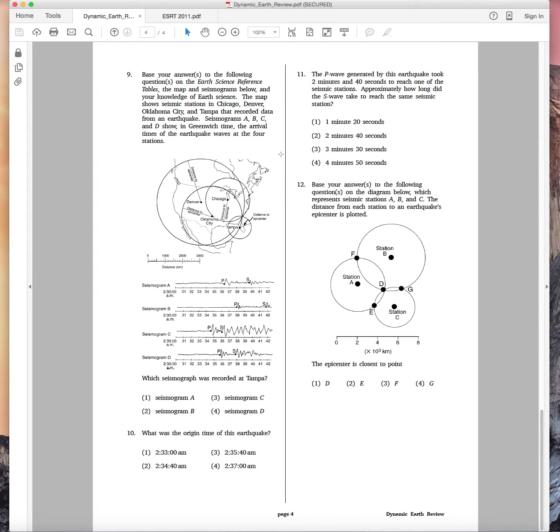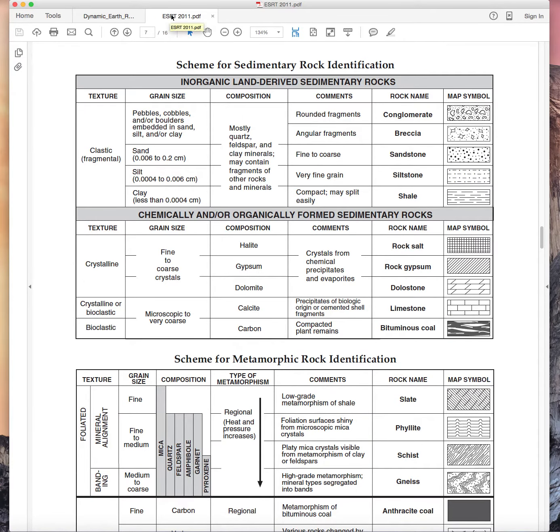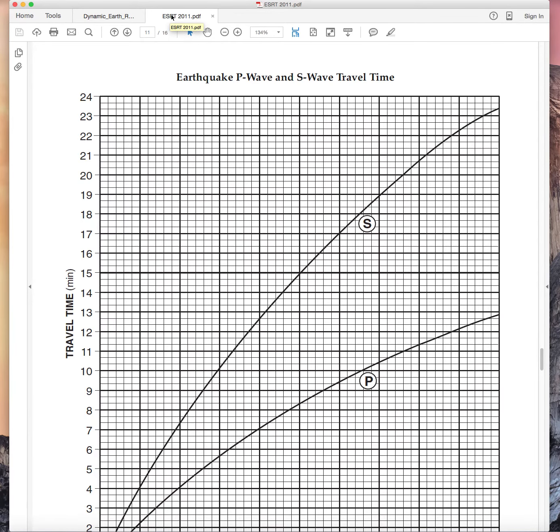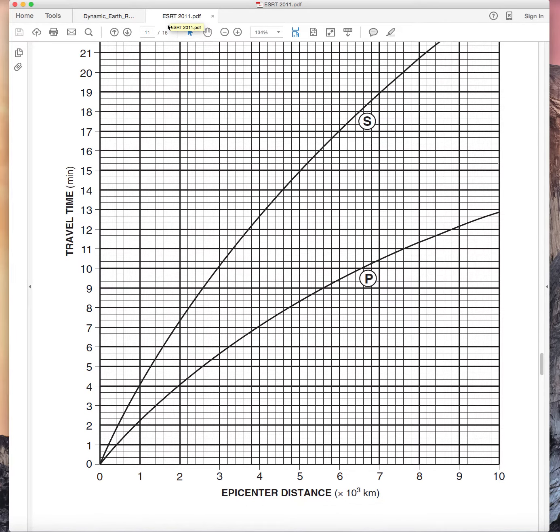which means that its time difference, if you go to page 11, the closer you are to the epicenter, the smaller your time difference is. So your epicenter distance would be much smaller in comparison to a very big time difference. If it's a very small circle, you're going to have a smaller epicenter distance.